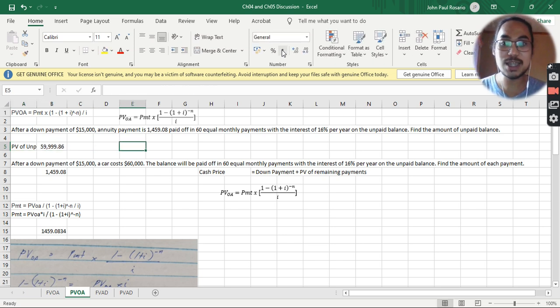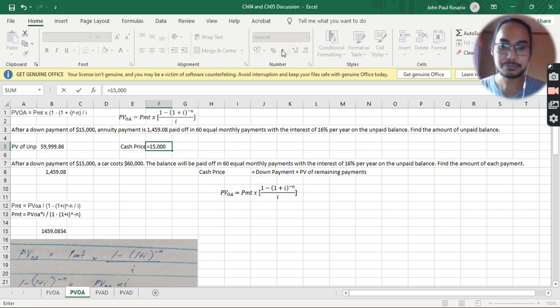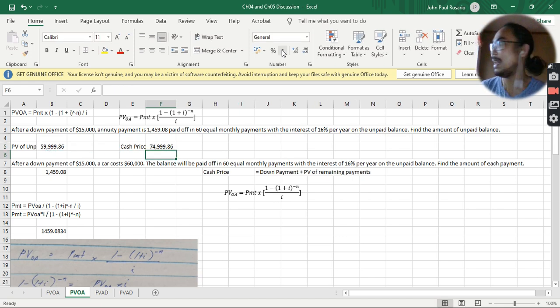If you will be asked how much is the cash price, it's simply 15,000 plus our PV of unpaid balance. So that should give us 74,000 as our cash price, or almost 75,000.